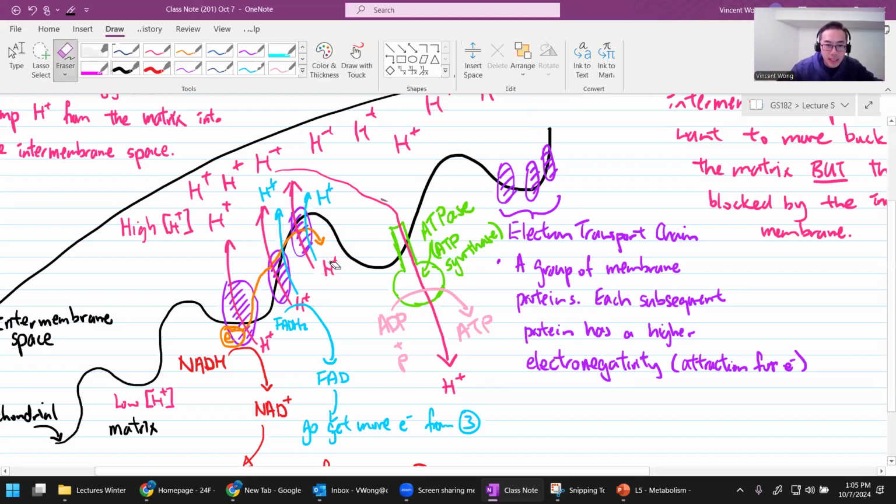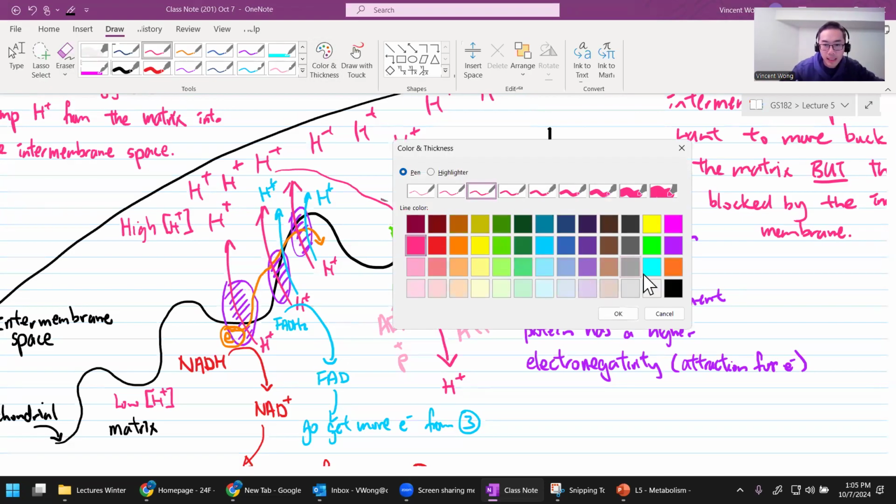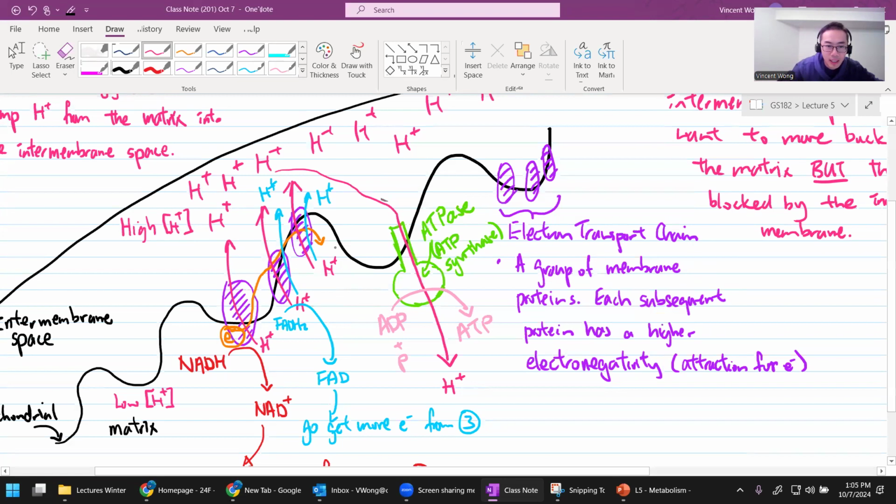So what's going to be there to pull the electron off? Well, that's going to be the oxygen. Do we have any other sharp color here? I guess not. I'll just use brown here. All right. So O2 is going to come pick up the electron. It's going to combine with some of these hydrogens floating around and produce water.